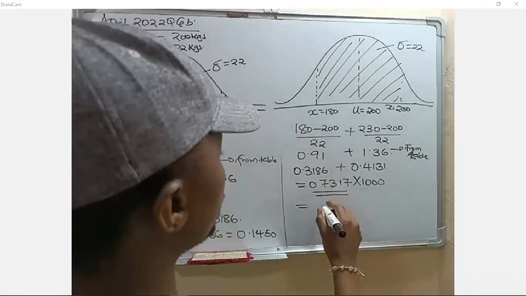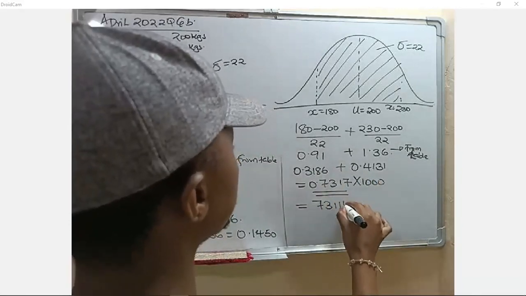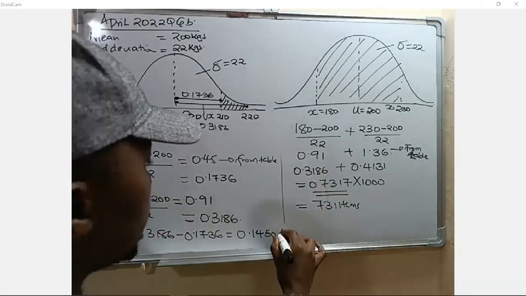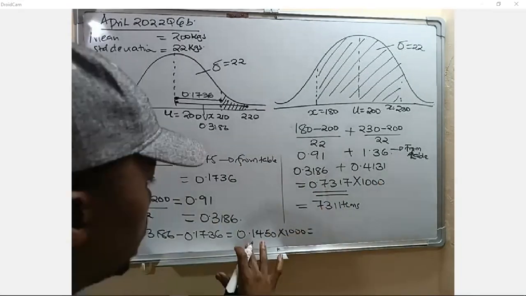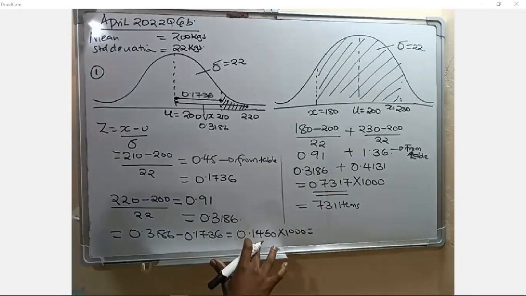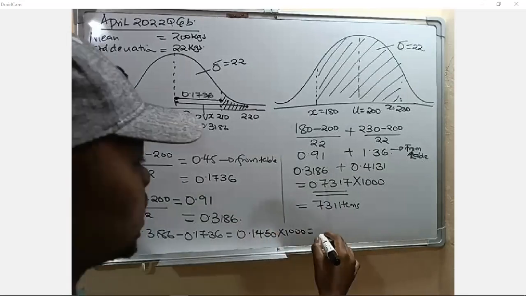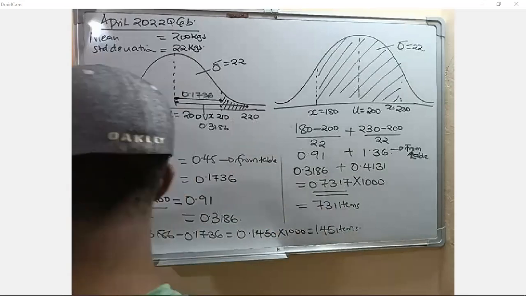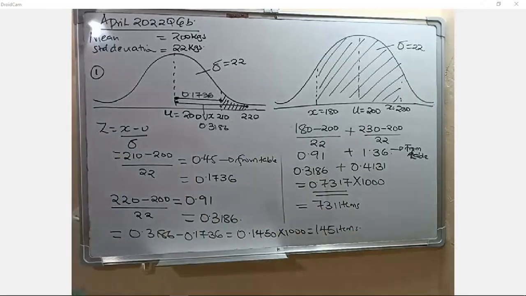So this is equivalent to 731 items. The other one here will be, if we multiply this one by 1,000, because we have been told to determine, he is not asking for the probability, but he's asking for the items. I can see this is 145 items. It should be something like that. Because 0.145 times 1,000 is 145 items. I can see it is okay there.